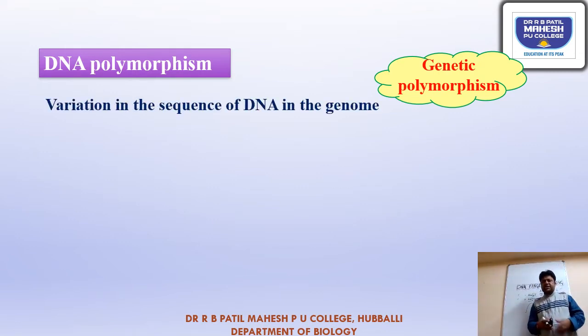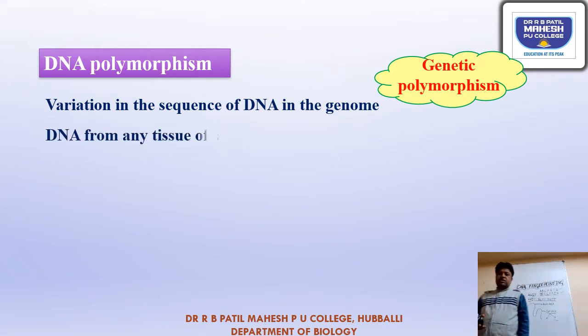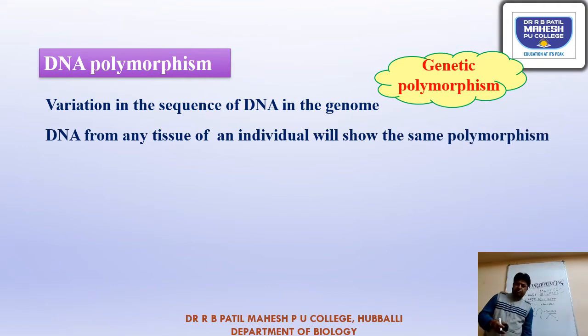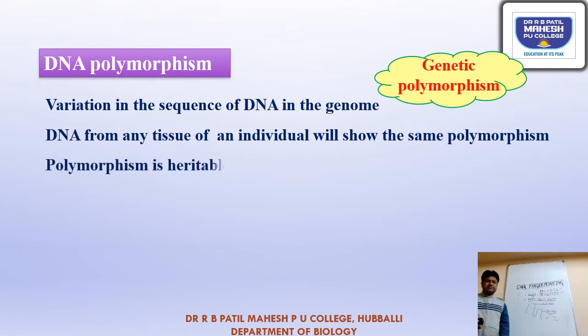So variations in the DNA sequences in the genome. DNA from any tissue of an individual will show the same polymorphism. It's the same. In some regions of the DNA you find changes. So polymorphism is heritable. I told you some changes take place. When you compare this one and this one, some changes take place that results in DNA polymorphism.